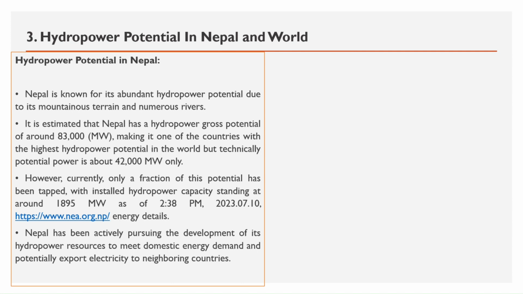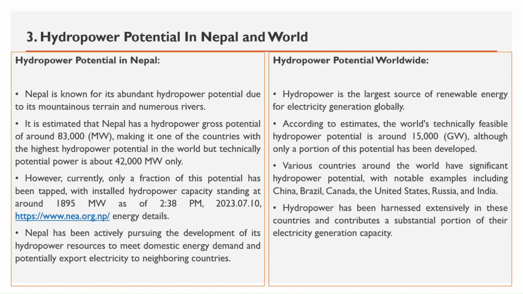However, currently only a fraction of this potential has been harnessed, with installed capacity standing at around 1,895 megawatts as of 2023, according to NEA.org.np. Nepal has been actively pursuing the development of its hydropower resources to meet domestic energy demand and potentially export electricity to neighboring countries.